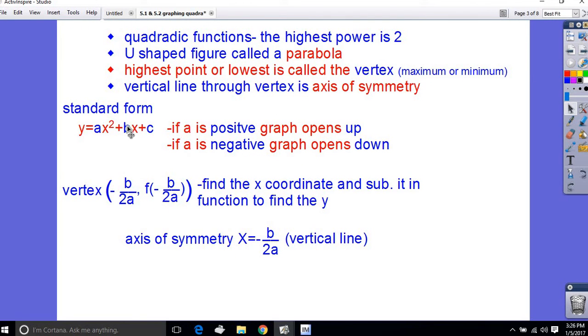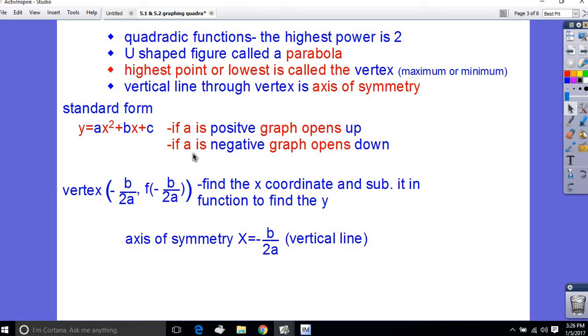But if you can understand what's going on here, and again, that simply means whatever you find here for x, substitute it in here for x, and that's what this notation means. Notice it's the same thing. So that's how you find the vertex, using this formula here, which is also the axis of symmetry. You can tell how it opens, if it opens up or if it opens down.